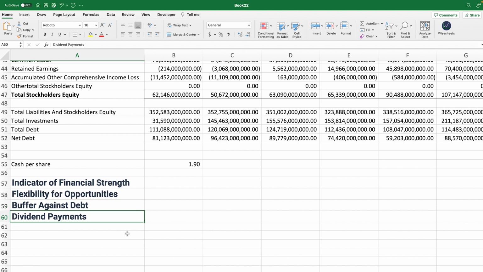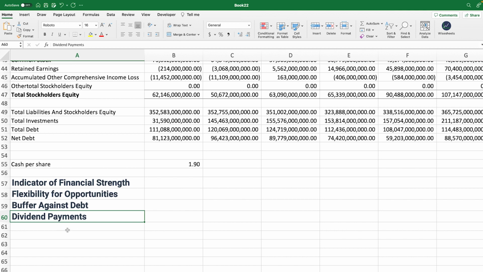And the last point that we have is dividend payments, and not only dividend payments, but also the ability to do shareholder buybacks. So what this means is that when a company has a lot of cash, they can use that cash to distribute it to the shareholders in the form of dividend payments. So maybe every quarter, every month, or maybe semi-annually, depending on the company, you might be getting a dividend payment for that particular company.